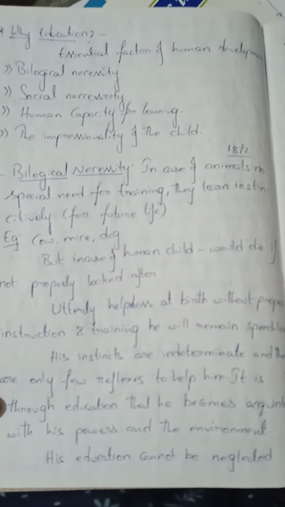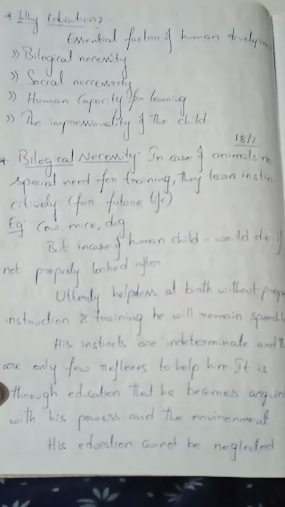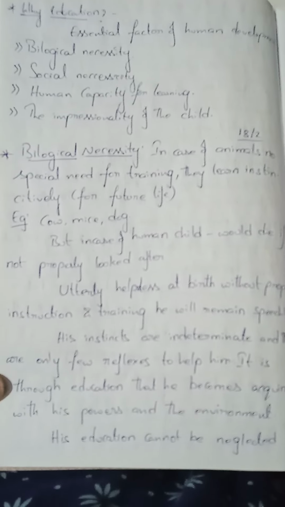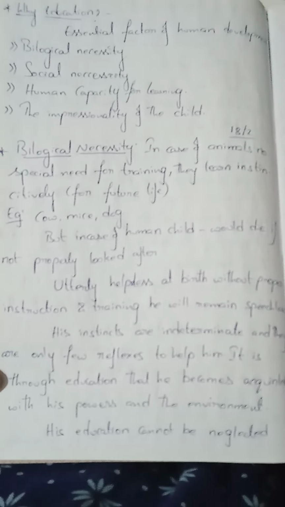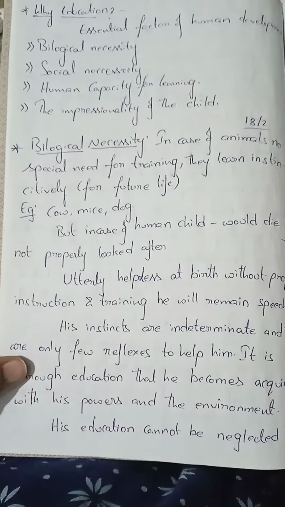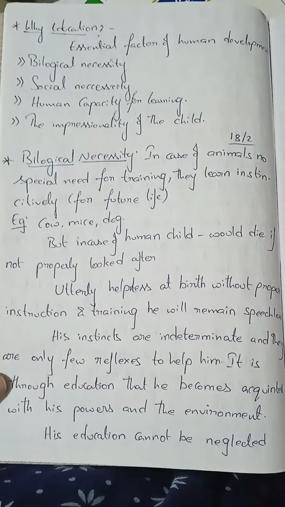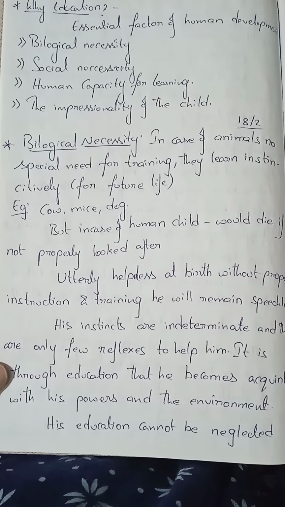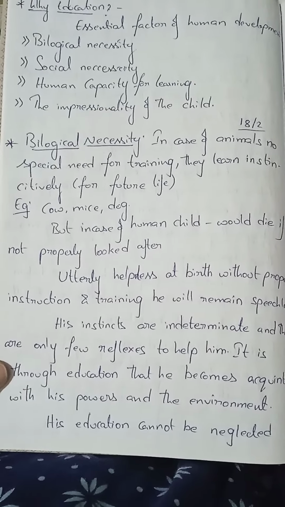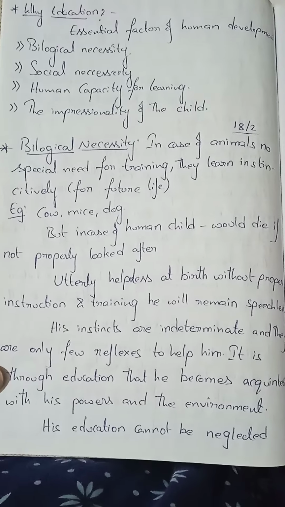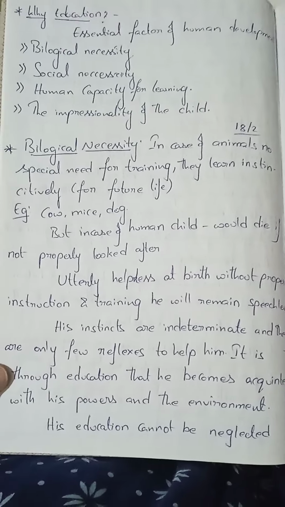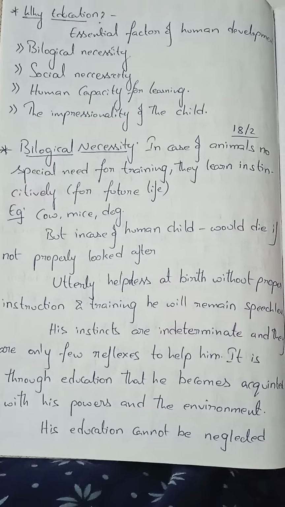Here we can see why education. Essential functions of human development are: biological necessity, social necessity, human capacity for learning, and the plasticity of the child. The biological necessity: in case of animals, there is no special need for training. They learn instinctively for future life, for example cow, mice, dog. But a human child would die if not properly looked after.